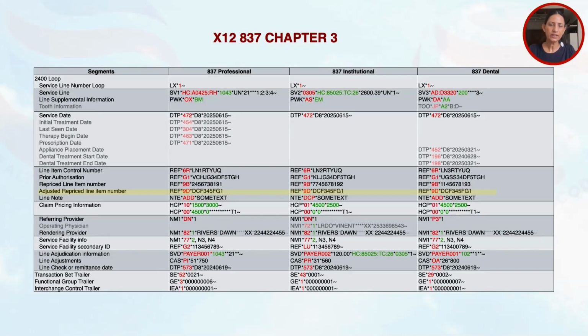Again, just like we did at claim level, even at the line level, the repricer can do some adjustments and then identify the line using REF*9D. This segment is sent from the repricer to the payer. Any kind of note, if required to be exchanged at line level, can be done with the NTE segment. The note reference code values that can be used here in NTE01 we already discussed in chapter 2.